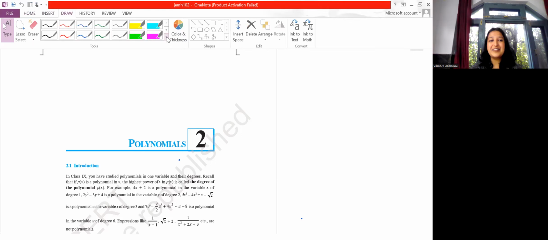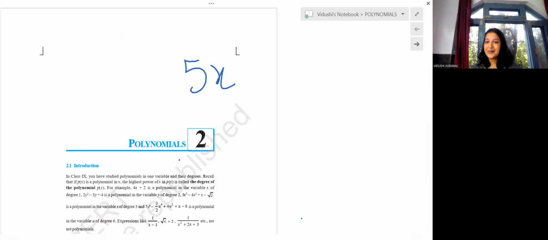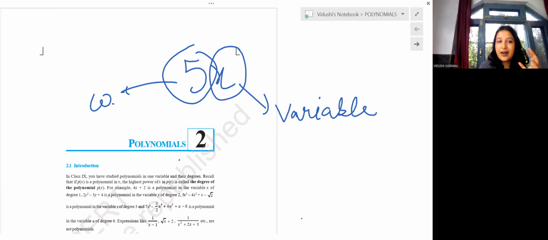But don't worry, there are only a few concepts to be done, only one concept even. So let's say you're having 5x, correct? So this 5x is a term. So what does term mean? Basically, x is known as the variable. 5 is known as the coefficient, right?